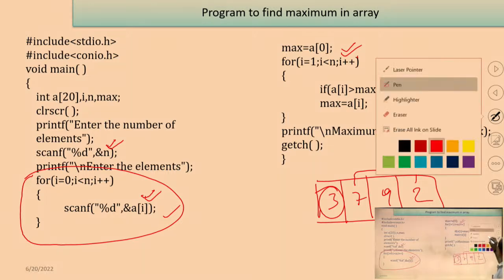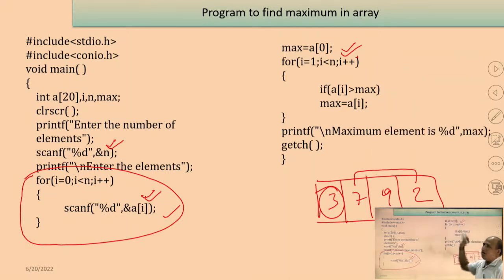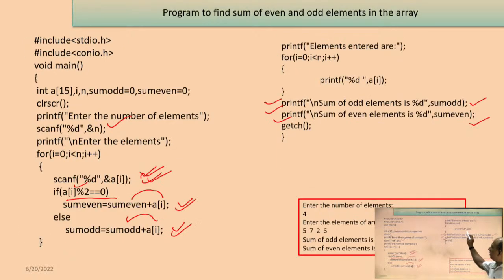So we will start from 1 to less than n, means a of I means a of 1. If a of 1 is greater than max, means if a of 1 is greater than a of 0, in that case max is updated to a of 1.